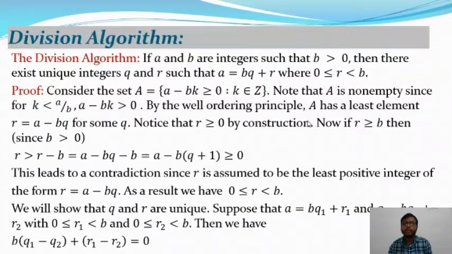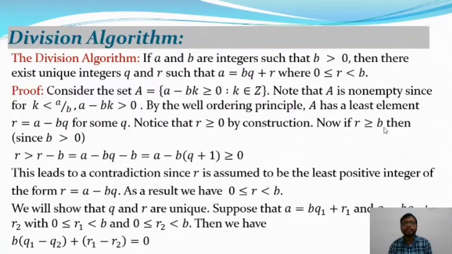So by the well ordering principle, A has a least element, say r, and r is equal to a minus bq for some q. And notice that r is greater than or equal to 0 by construction.